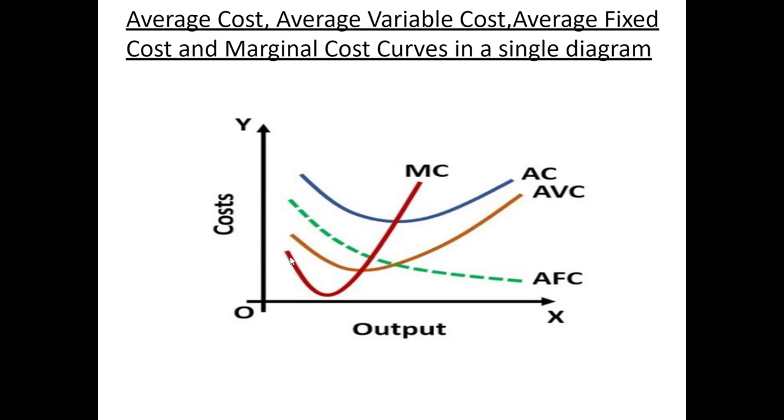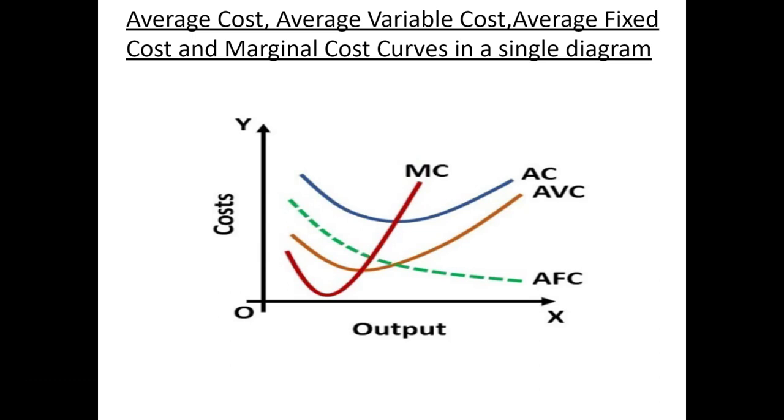The rate of fall of MC and the rate of increase in MC is more than that of AVC and AC. Students, average fixed cost will keep on declining. It will never start increasing because total fixed cost is constant, and as we increase the level of output, the average fixed cost will keep on declining.